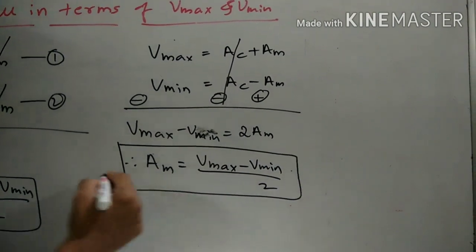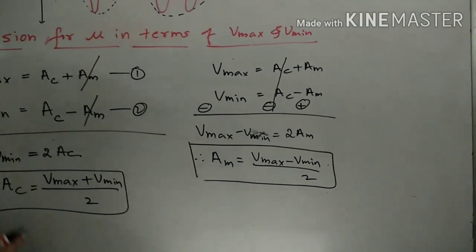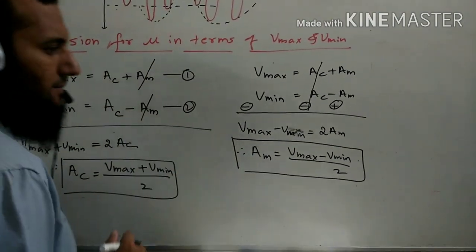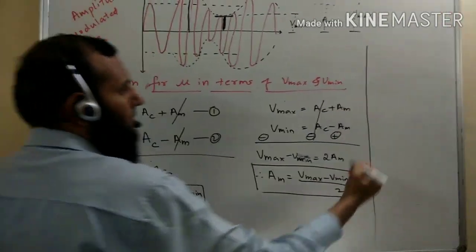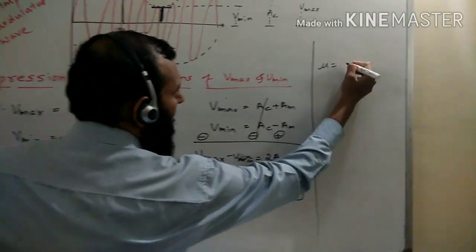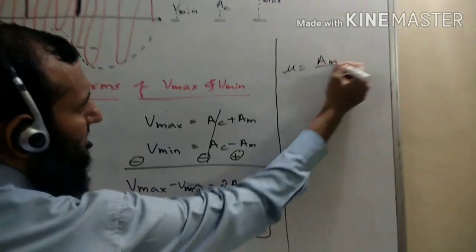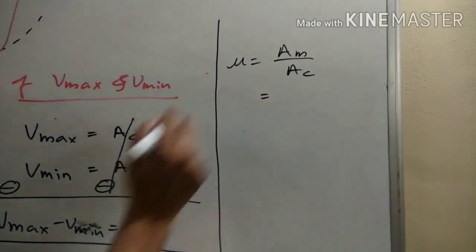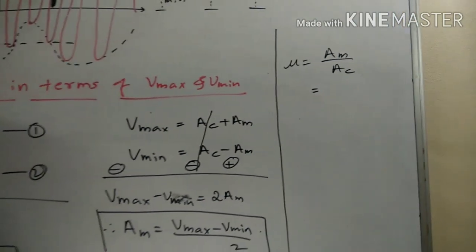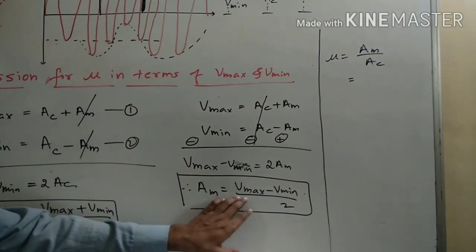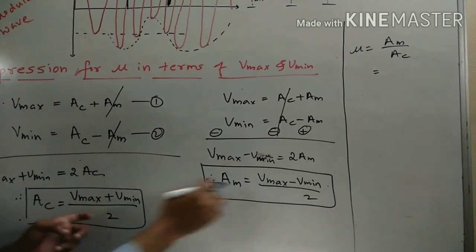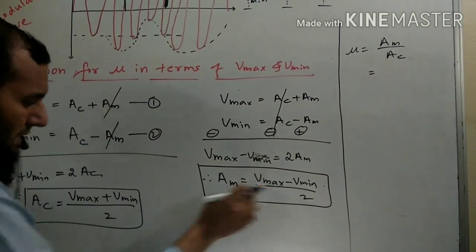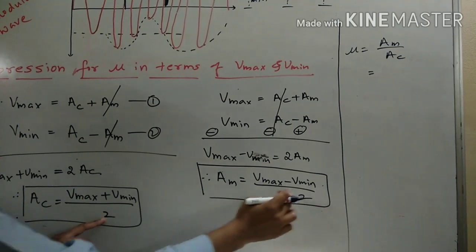So we got the expressions for AC and AM, and we know that mu is equal to AM by AC. So let us take AM from here and AC from here, and if we divide both, the 2 will get cancelled.